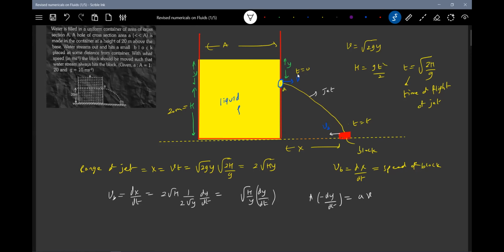So in place of dy by dt, dy by dt equals a v by capital A. This I'm going to substitute; call this equation 1, equation 2. So the velocity of the block should be given by root of h by y times dy by dt, magnitude is what is needed.